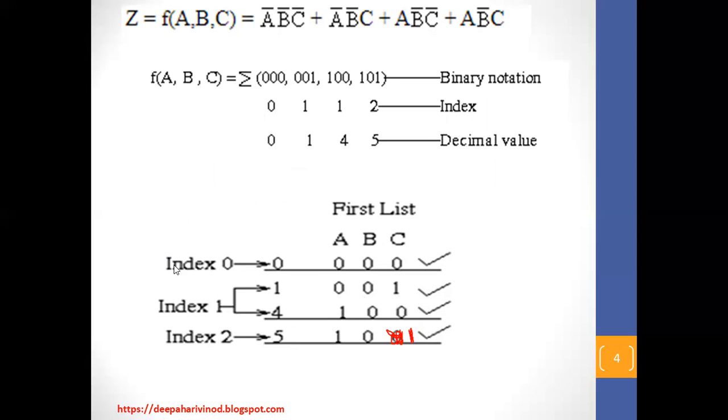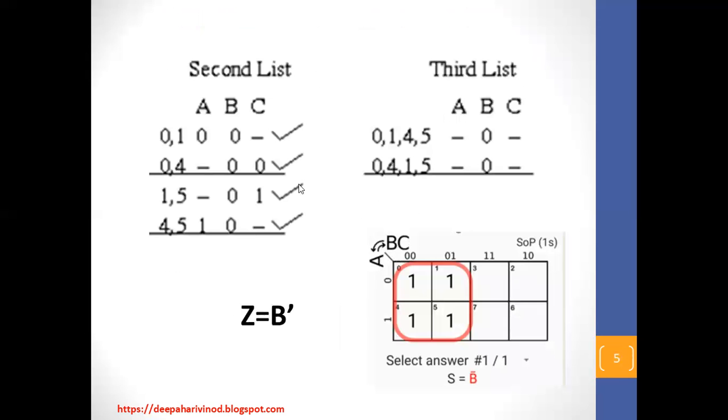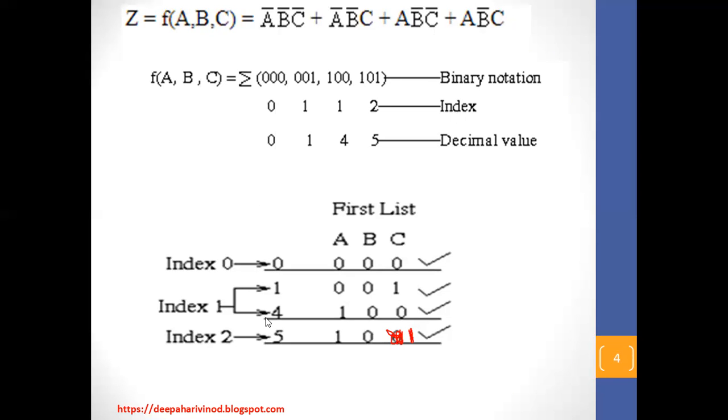So first I need to compare index 0 with index 1. I compare 0, 0, 0 with 0, 0, 1, that is 0 and 1. If I compare, here you can make out the change in the last term, from 0 to 1, so you mark it as a dash. When you compare 0 and 1, the first 2 bits are the same and the last one has changed, so it is marked as a dash. Next, you should compare 0 and 4.